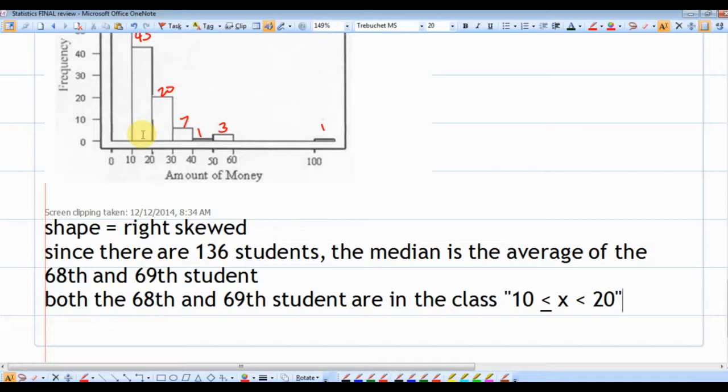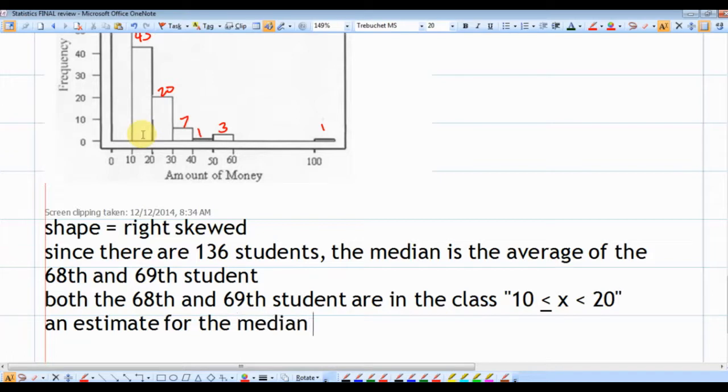Okay, so a good estimate for the median is any number between 10 and 20, right? Probably you would say 15 if you had to pick a number. An estimate for the median is a number between 10 and 20.